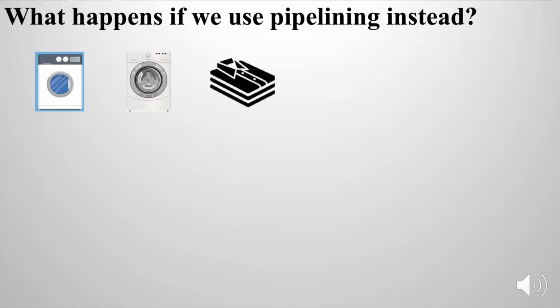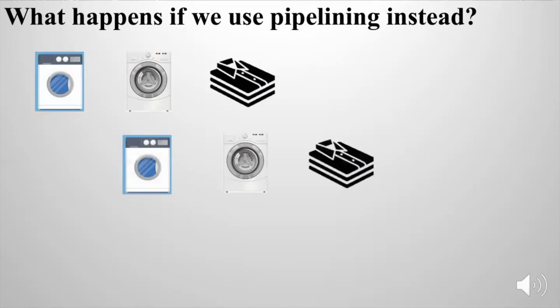And since the washing machine is empty, and so the resources used for task 1 are empty, we can use it for the second load simultaneously. So while load 1 is drying in subtask 2, we can put load 2 into the washing machine, which is subtask 1. That way load 2 will be washing and at the same time load 1 will be drying.